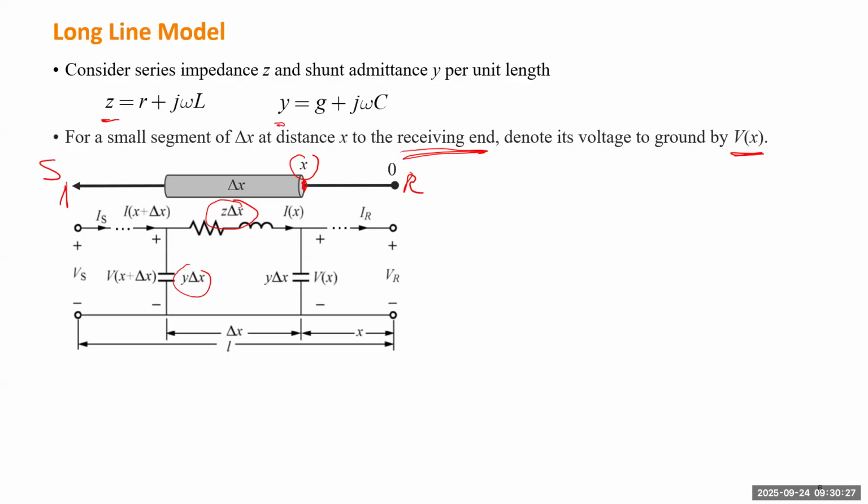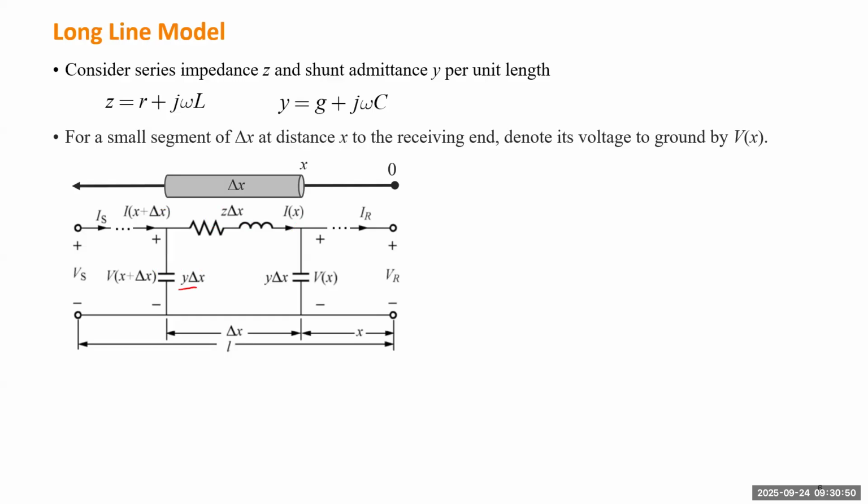Y is not halved because here we treat this model as the gamma model. Even if we take the pi structure, we just give the right branch to the next segment of delta S. So basically we take a gamma structure to keep it simple. If you want, you can still take the pi model.